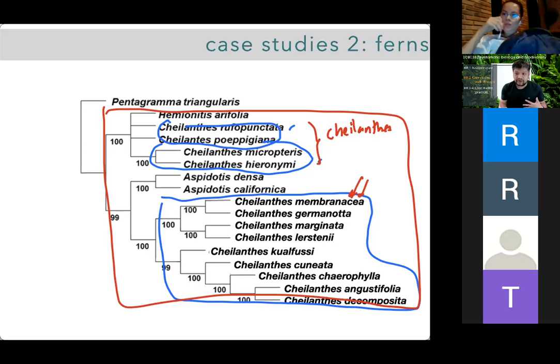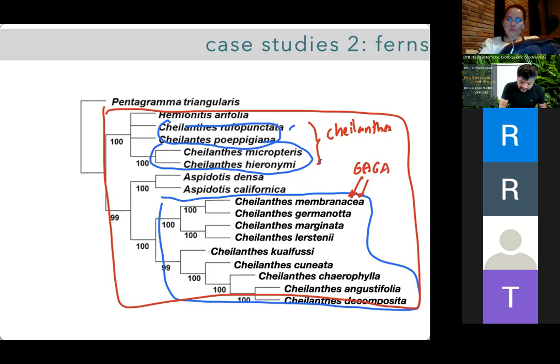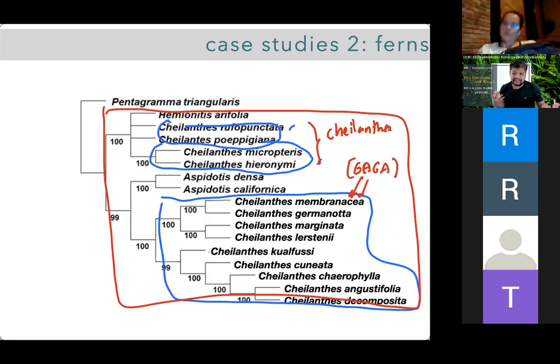So he decided to go the other route. He's splitting. He's like, you know what? These two groups of Calientus are different enough, and the DNA of this chunk contains that Gaga box that I showed earlier. So there's good enough reason for us to split this into a new genus.